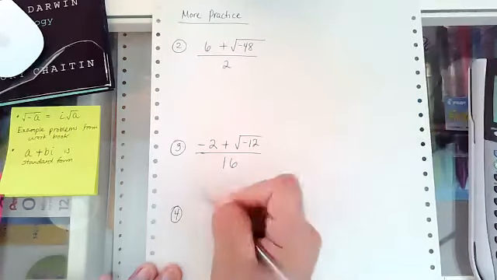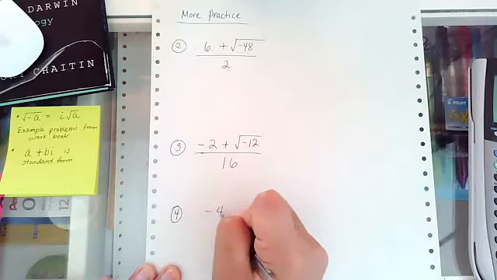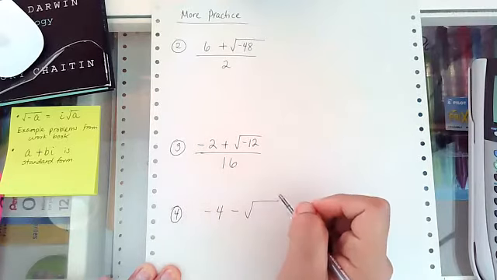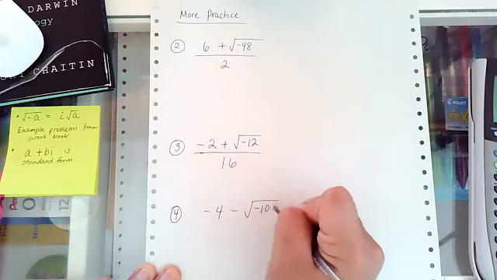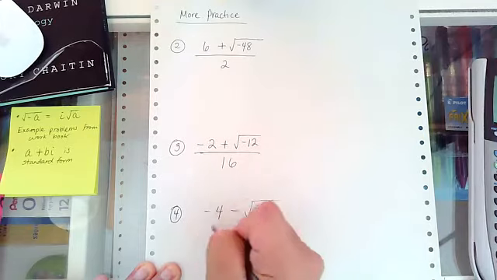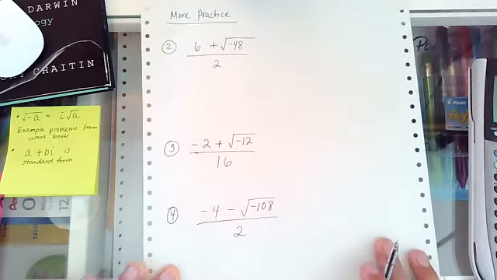And then 4, negative 4 minus the square root of negative 108, all of that over 2.